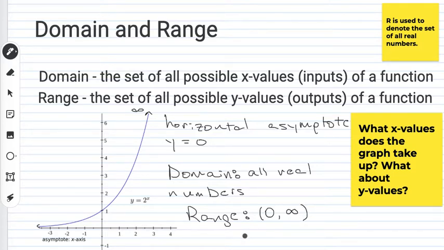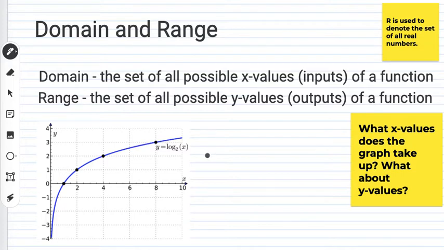Another way you can write this is y is greater than 0. It can't be equal to 0 because of the asymptote, but y is going to be greater than 0. So all the positive real numbers are included within the range. And that is the exponential function y equals 2 to the x power.